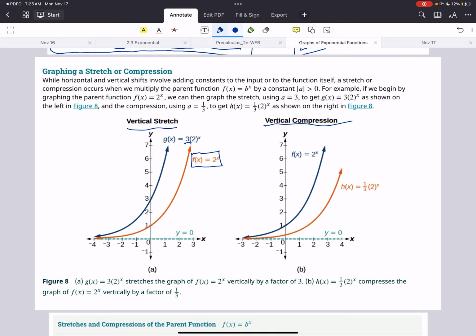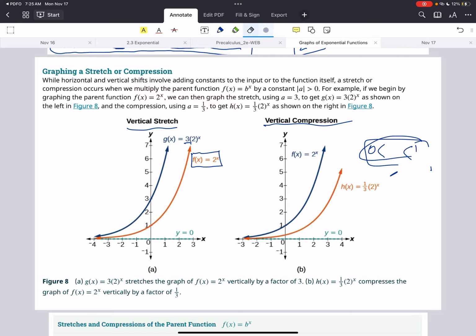So let's say we want to compress the function vertically. We're multiplying it by a value which is between 0 and 1. That's it.